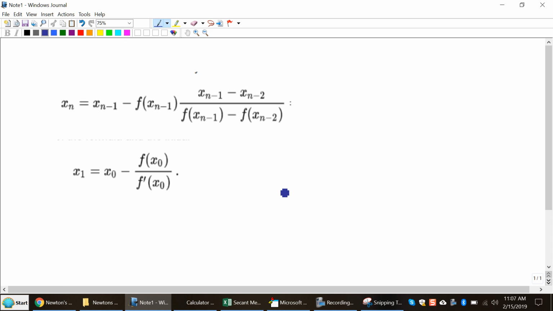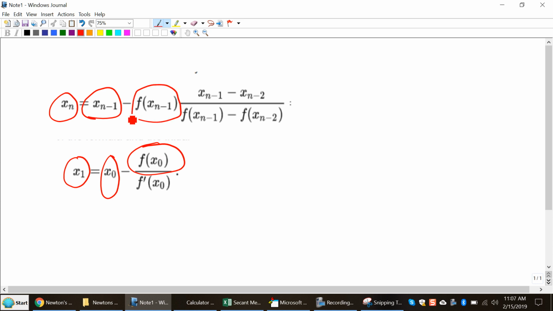This is just x1 for the first iteration, xn basically they mean the same thing. X naught is just the first iteration, xn minus 1 is just your first guess. The notation's just a little different. F of x naught is this, and then f prime is this. That's it. Because all this is just slope, 1 over slope.